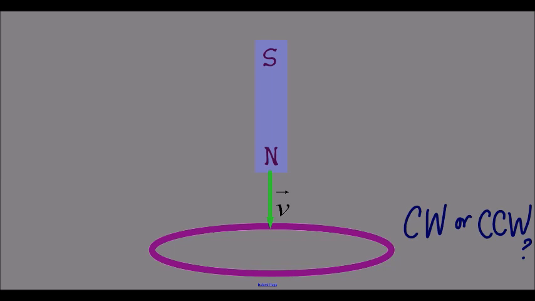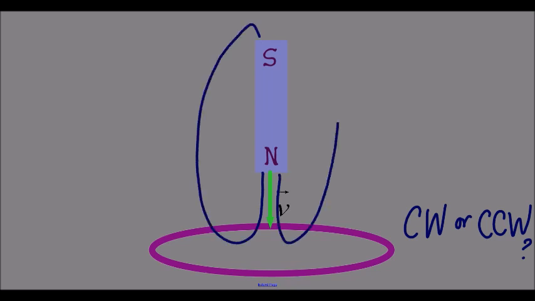So to figure that out, we're going to start off by thinking about the direction of the magnetic field that the loop is experiencing at the beginning of this movement. That means we have to think about which way the magnetic field of a permanent magnet is directed. The North Pole is nearest to the loop, and we know that magnetic fields point away from north and toward the south. So it kind of would go like that, right? So everywhere near this loop, the magnetic field is going in the downward direction.